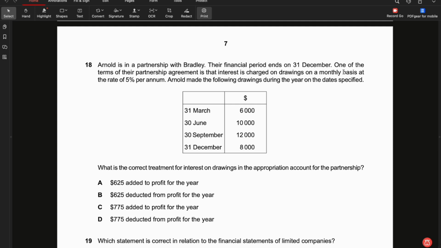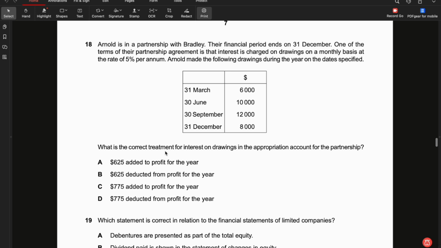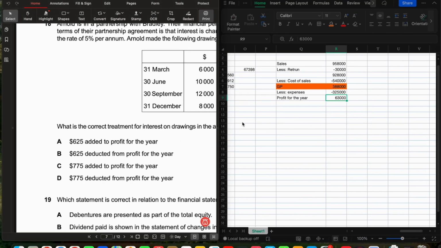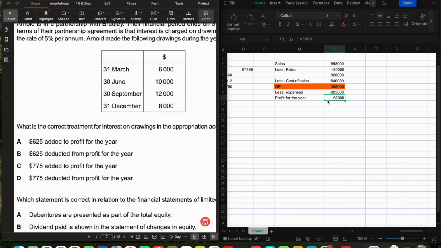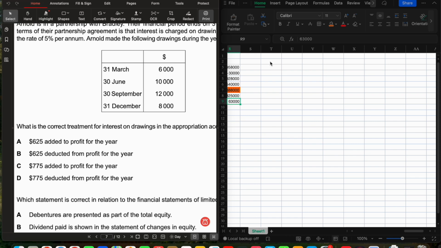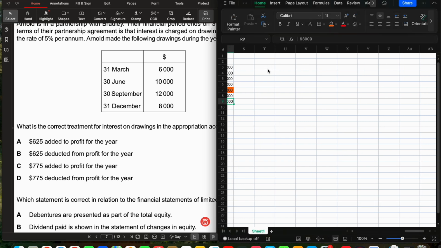Very simple. Calculate the month and then the amount for each drawing. What is the correct treatment for the interest on drawings in the appropriation account for the partnership? First let's calculate the amount, then we talk about the treatment, because we also need to find out the amount. So from March 31st we withdrew.